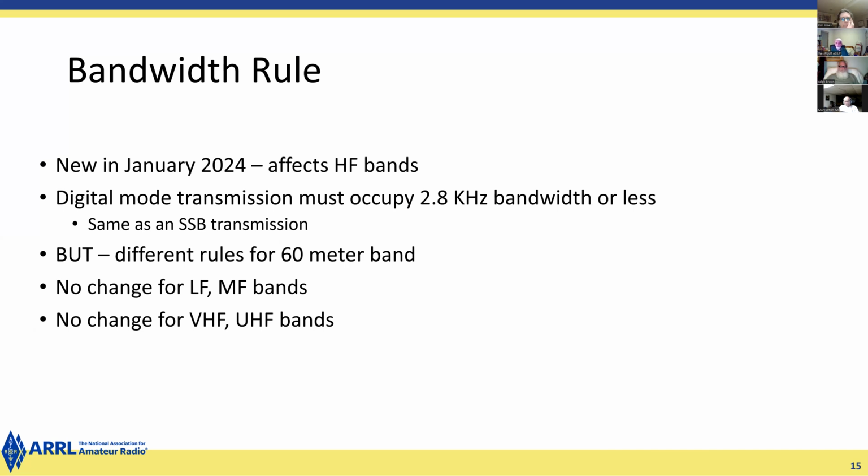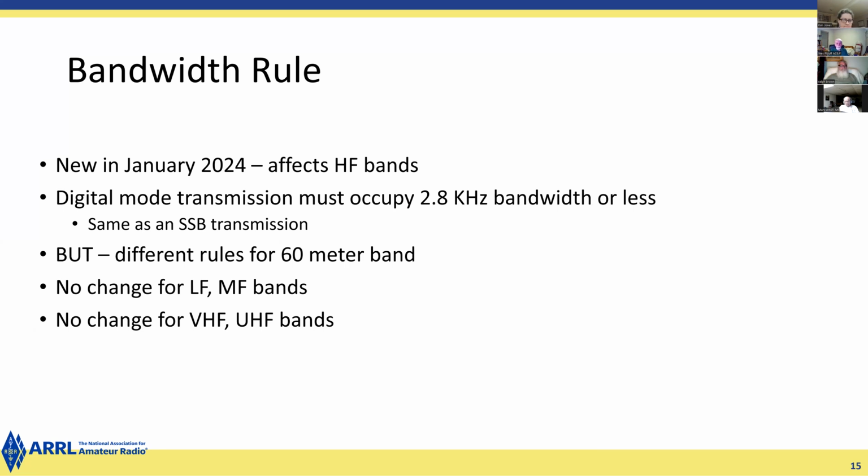But the rules are different for the 60-meter band. Those have not changed. There are two amateur radio bands below the AM broadcast band on low and medium frequencies that we haven't talked about much, and those are very narrow. So there are very strict limits on data transmissions there.